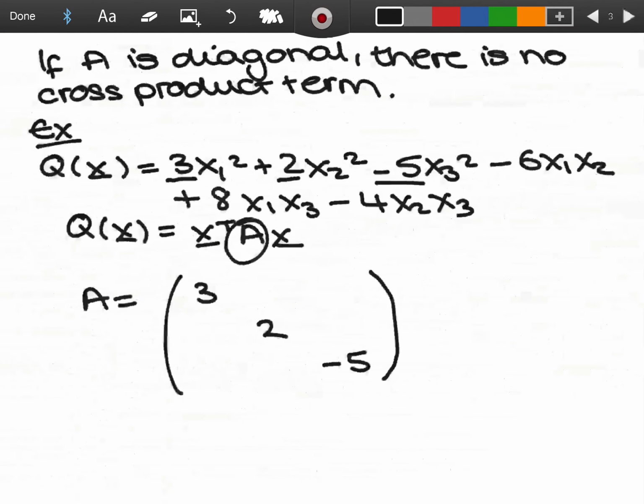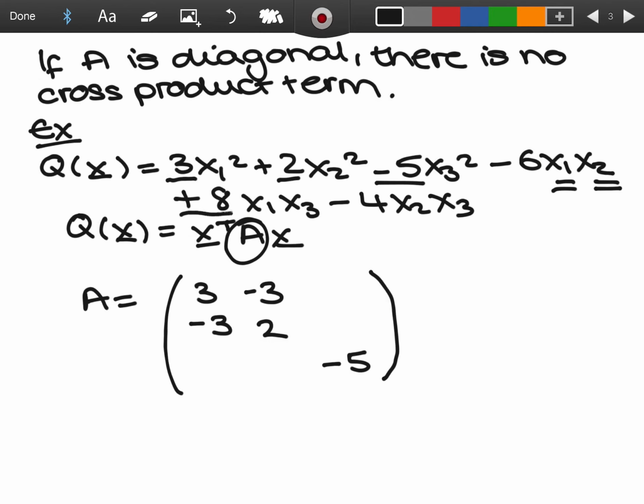So let's come back to here. I've got negative 6 x1x2. So I need to split negative 6 in half into two negative 3's. I'm going to have negative 3 in the 1,2 entry and a negative 3 in the 2,1 entry. So I'm going to have a negative 3 here and a negative 3 here. Carry on in this way.